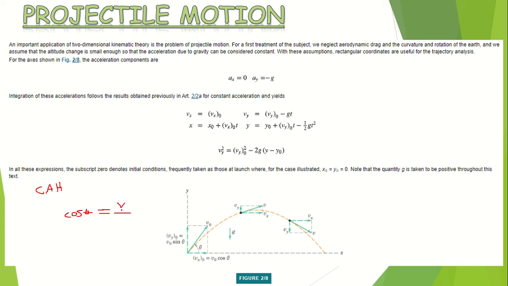That is vx, right? And over the hypotenuse, which is v sub 0. So solving for vx, our vx here is equal to v sub 0 cosine of theta.